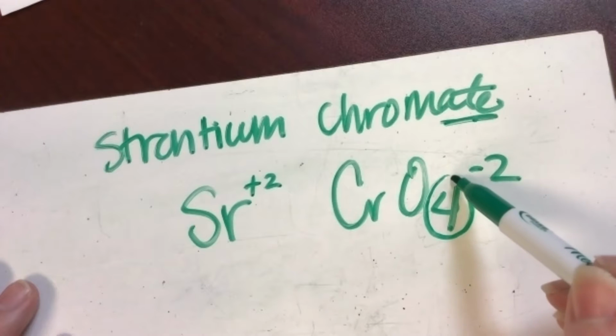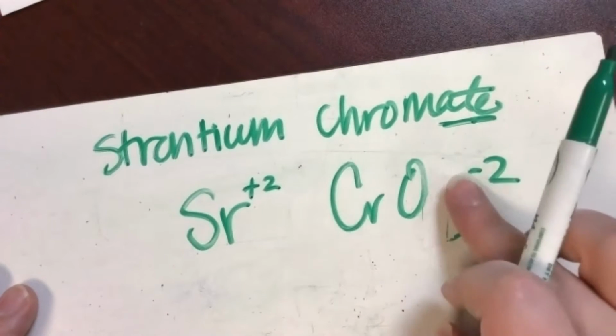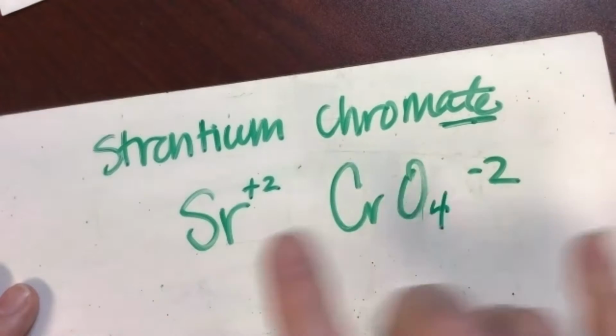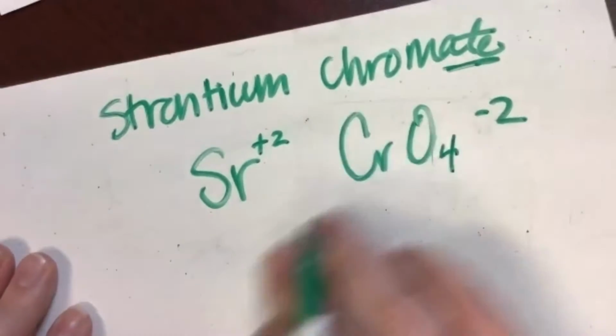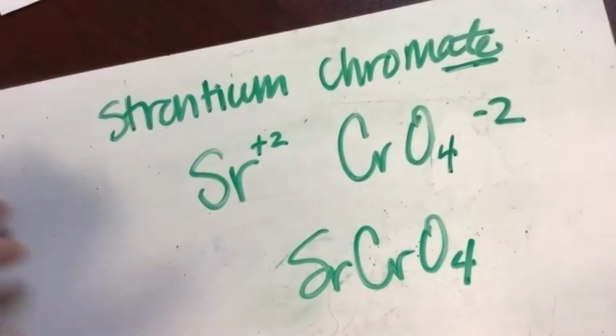If you've got a number at the bottom already, leave it there. Don't touch it. Some of you like to start moving these numbers that are already at the bottom. Now, I've got a +2 and a -2. That technically cancels. SrCrO4.